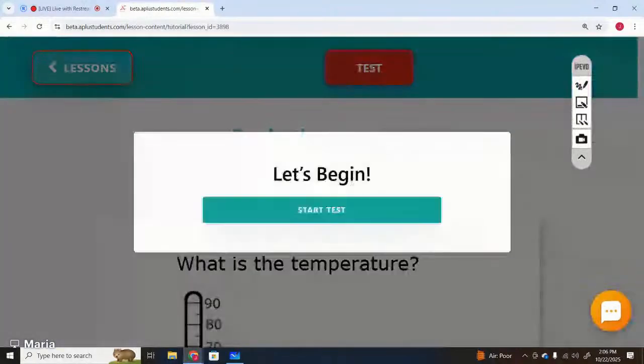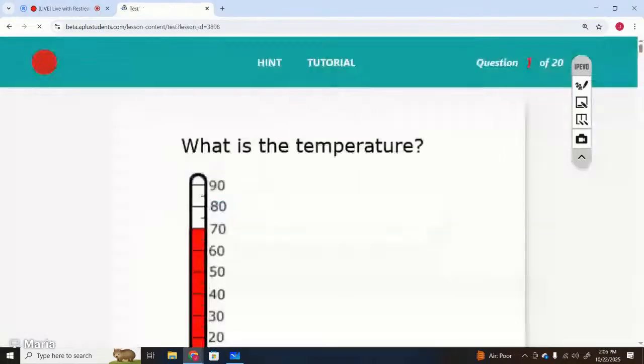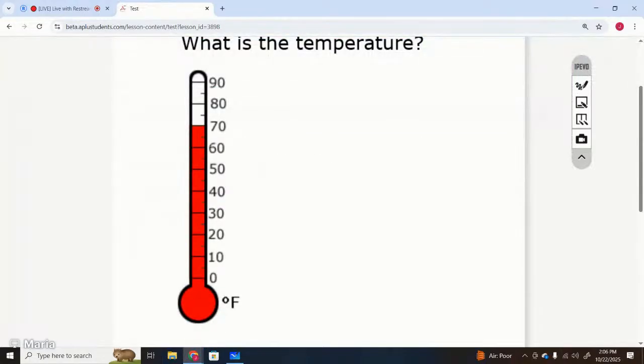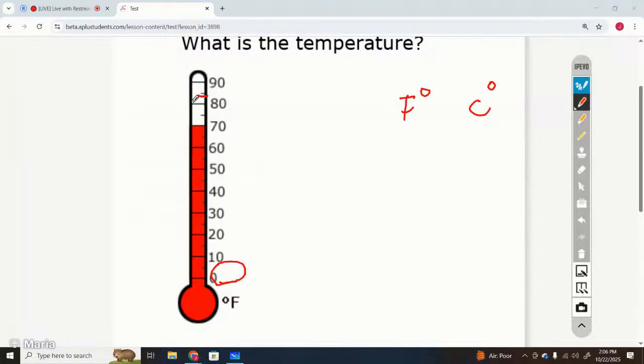Let's just start with the test questions. What is the temperature? Just match the line where the color is changing from red to white.